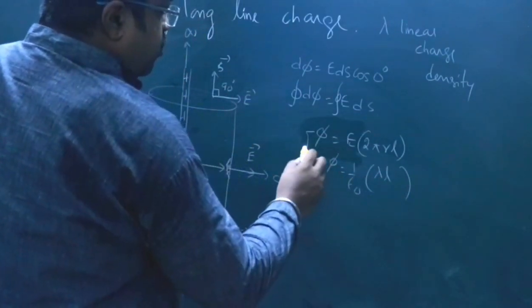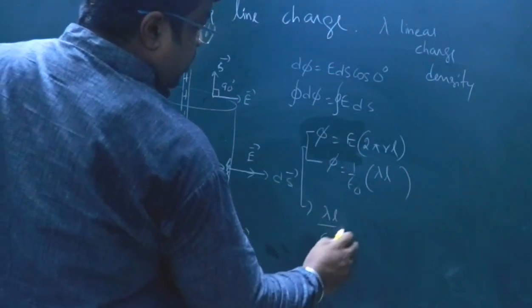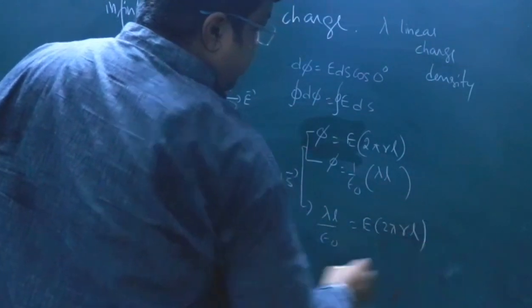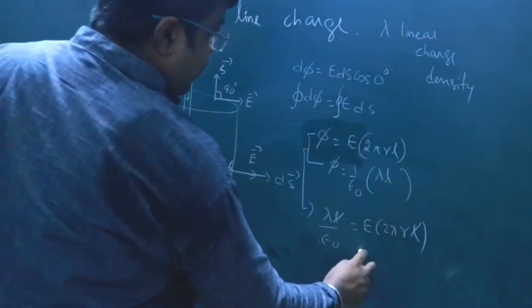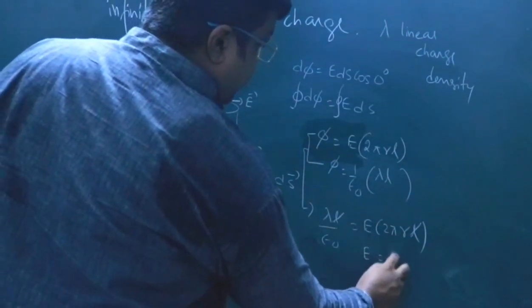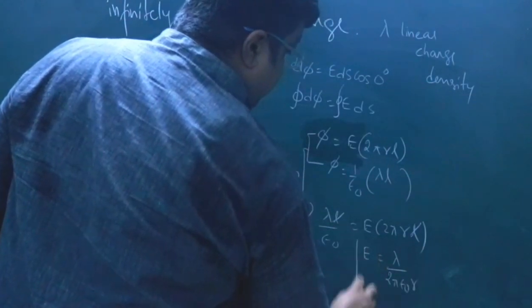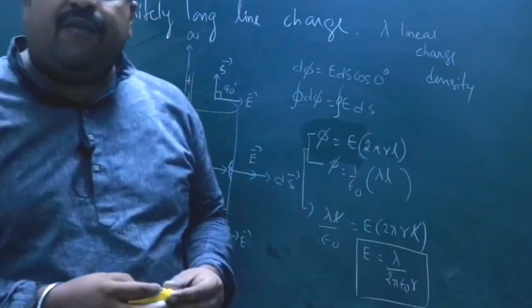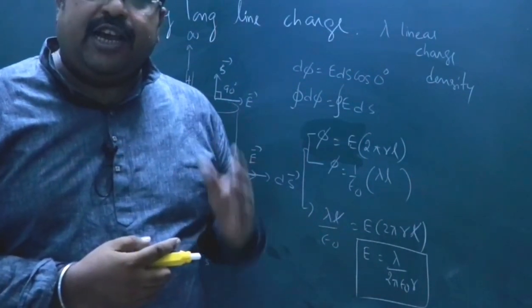So if I equate these two quantities, I have lambda into L by epsilon naught is equal to E into 2 pi R L. So this L cancels out, and we have E is equal to lambda by 2 pi epsilon naught R. This is the expression for electric field due to an infinitely long uniformly charged wire or line charge.